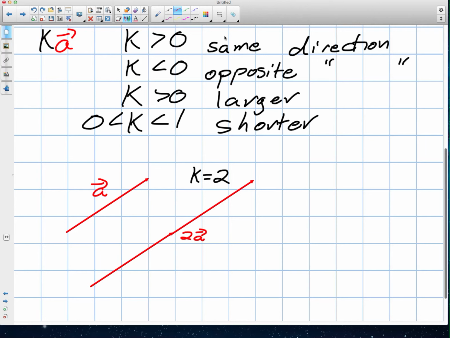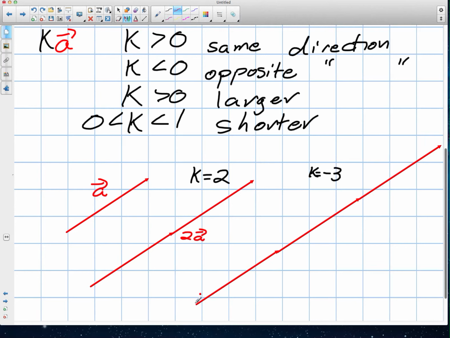Let's say we had a scalar of -3. In that case, we're going to have a vector, hopefully this is going to fit on the page, that's going to be 3 times as long as our original. But I'm unable to flip the arrows, so you just kind of imagine it with me.